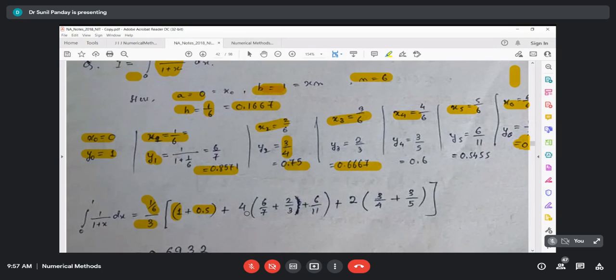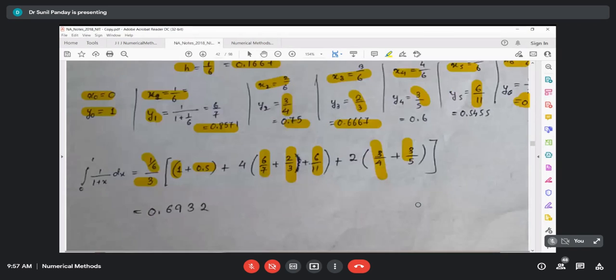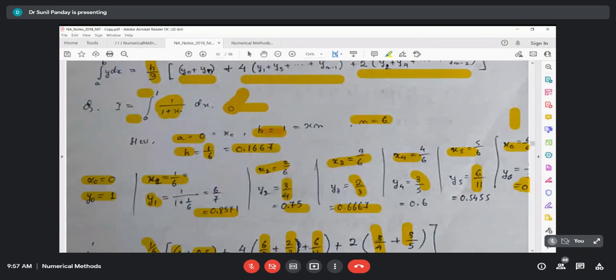So y naught plus y6, then 4 into y1, y3, y5, then 2 into y2 and y4. And then you use your calculator. So this is the value of the integration using the Simpson 1/3 formula. In the exam, I will explicitly write that you have to solve this integration using Simpson 1/3 formula, or using Simpson, or using trapezoidal formula.